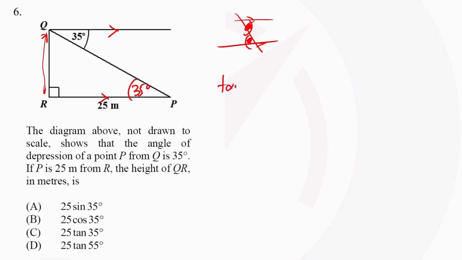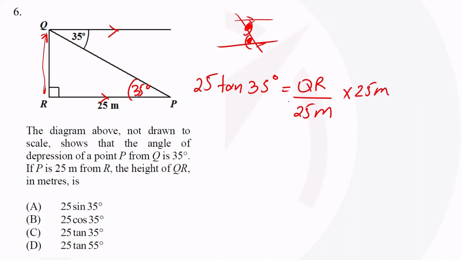So tan 35 degrees is equal to the opposite, which is QR, over the adjacent, which is 25 meters. So to find QR, we multiply both sides by 25 meters. So our final answer, QR, is equal to 25 tan 35. And that will match C.